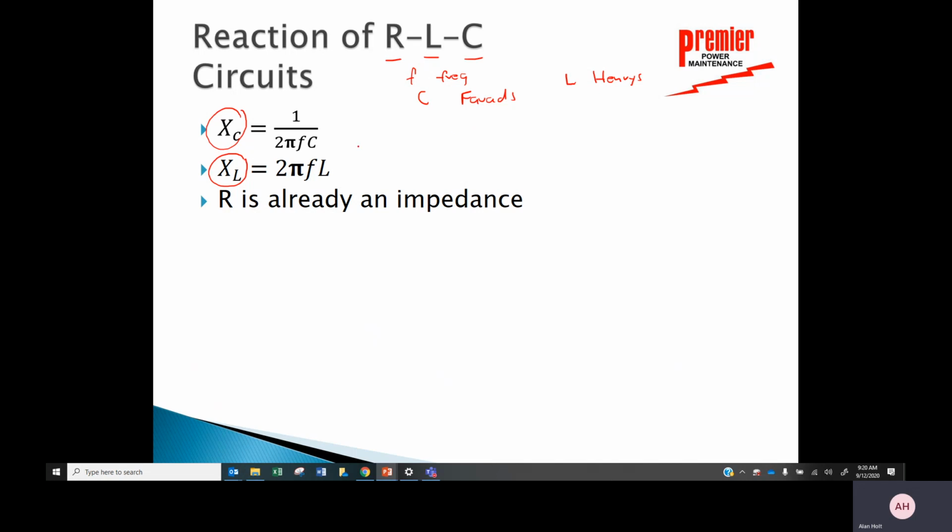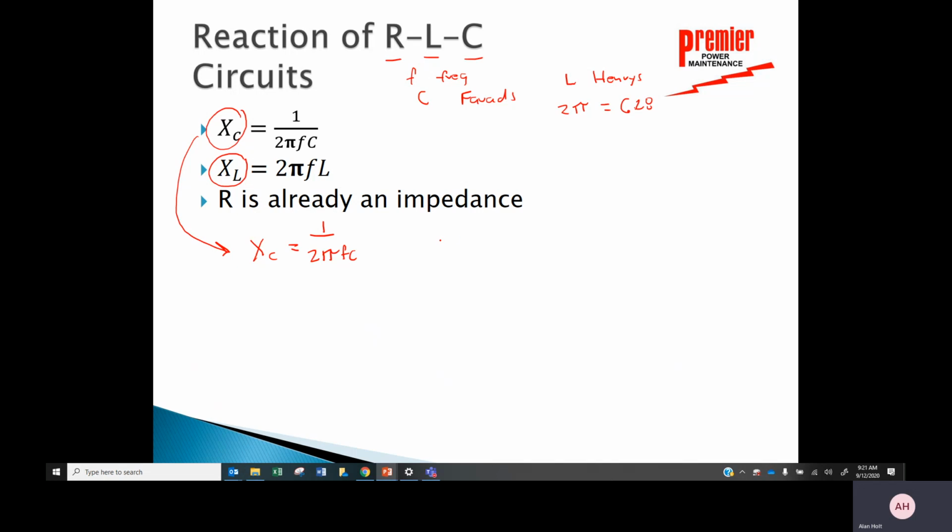And another thing to remember is this little combination of 2 pi, 2 times 3.14 is 6.28. We can remember that. So if we look at a brief review of this, the capacitive reactance of a circuit, X sub C, 1 over 2 pi F C.